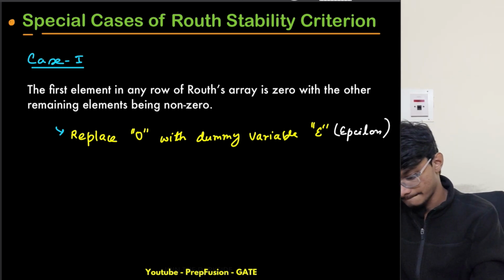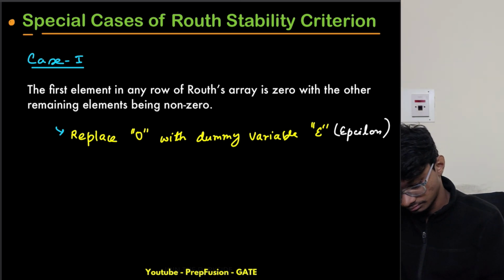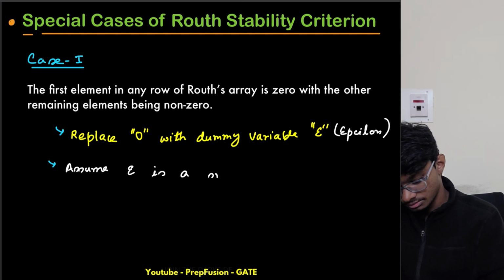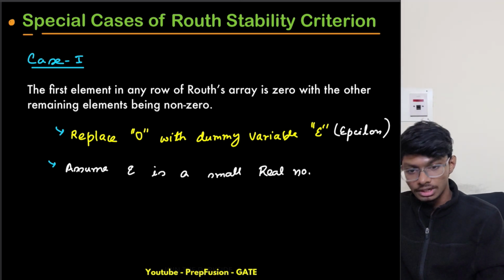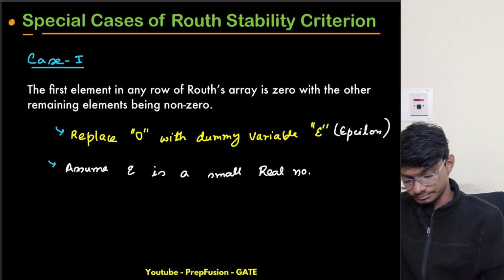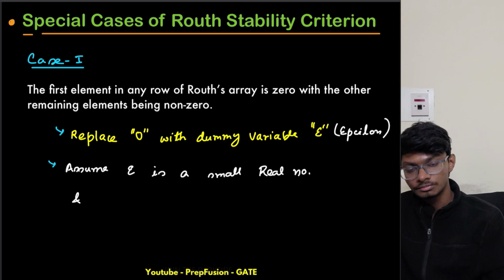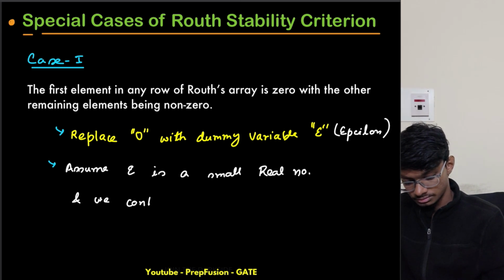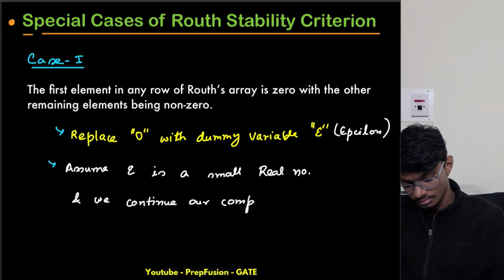Okay, so epsilon is a small real number, and we continue our computation further.